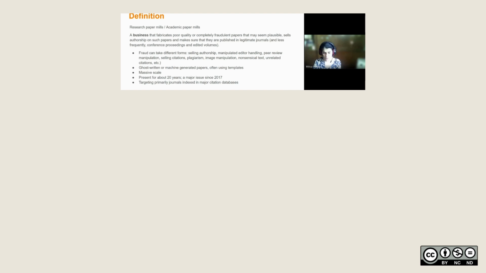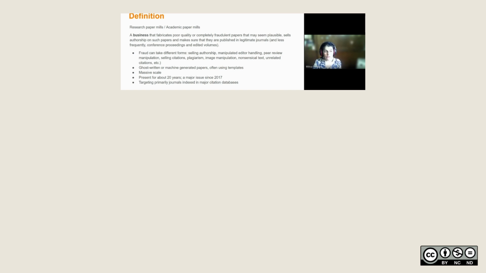If those papers cite many papers from a particular research group or a particular institution or from a particular journal, this is a citation manipulation. Then image manipulations, these are very frequent, and then you will see examples of nonsensical text that was fabricated, usually using some machines. And there are related citations that are inserted. They appear in the reference list, but they can't be found anywhere. They're not referenced anywhere in the text.